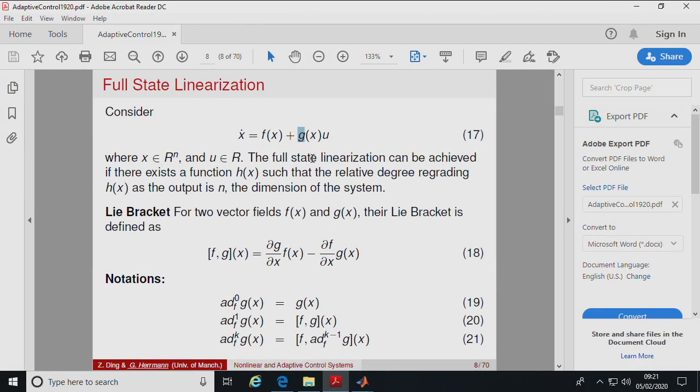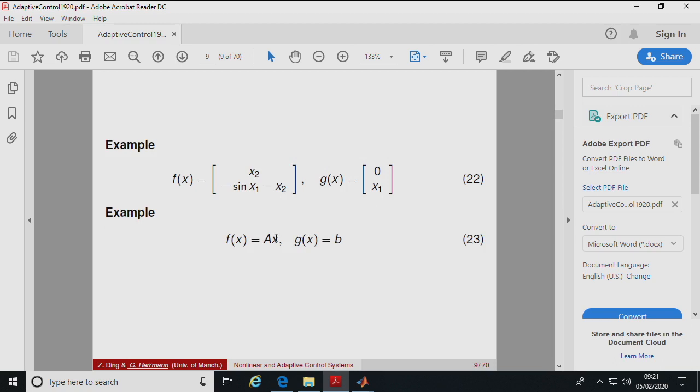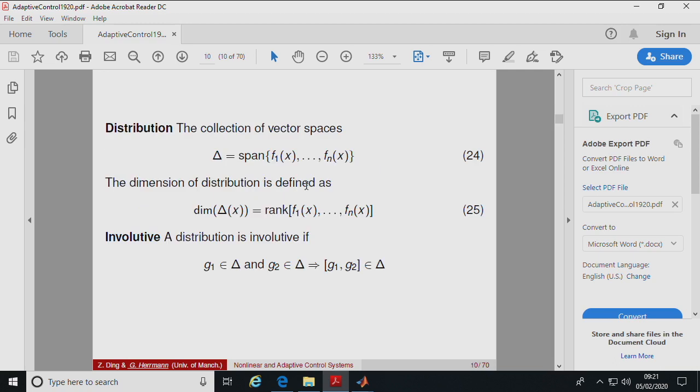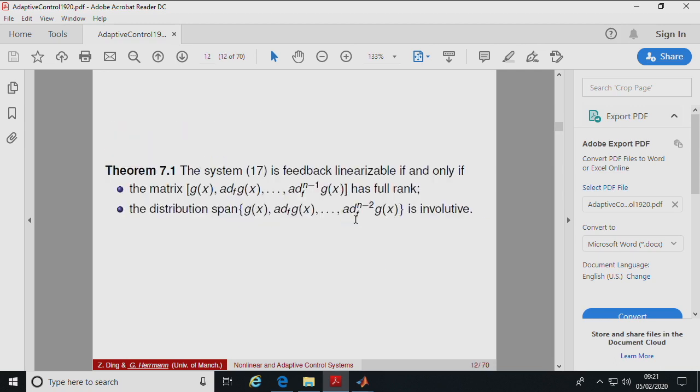In that respect, we were looking at that matrix, having n vectors, which effectively needs to be full rank.